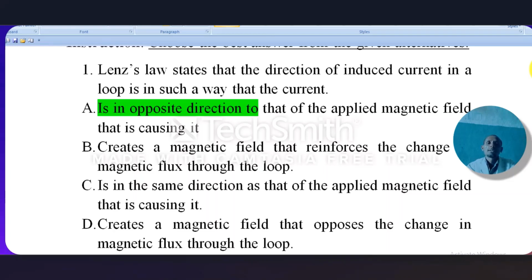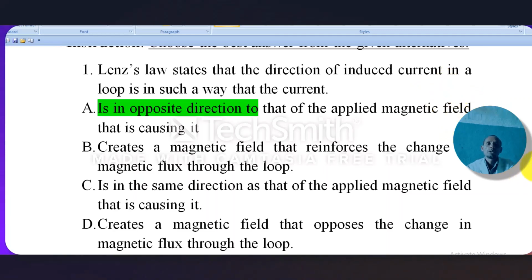Choice B, creates a magnetic field that reinforces the change in magnetic flux through the loop. Choice C, is in the same direction as that of the applied magnetic field that causes it. Choice D, creates a magnetic field that opposes the change in the magnetic flux through the loop.